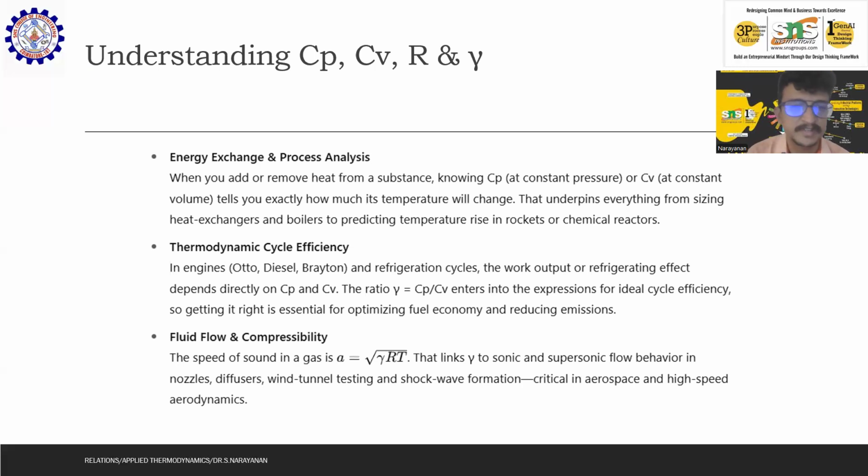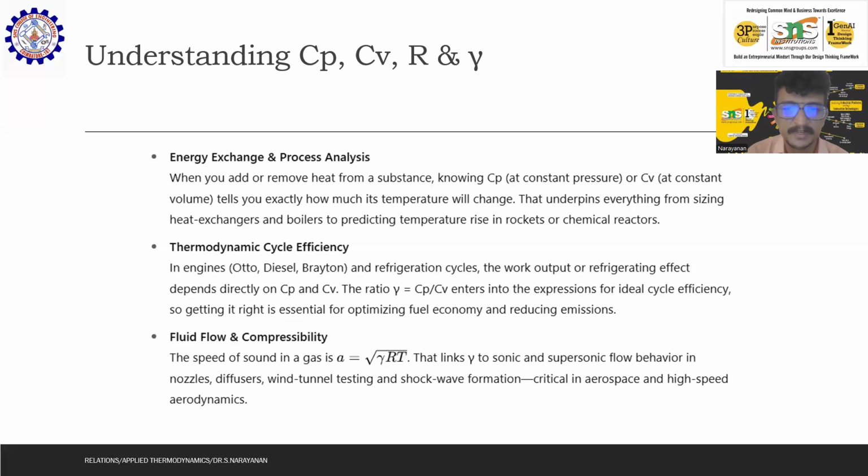Thermodynamic cycle efficiency. IC engines work on air standard cycles such as the Otto cycle, diesel cycle, and Brayton cycle, and the refrigerator in our home works on refrigeration cycles. The work output or refrigerating effect directly depends upon the Cp and Cv values of the substance. For instance, in Otto, diesel, and Brayton cycles, if air is the working fluid, it depends upon the Cp, Cv values of air.